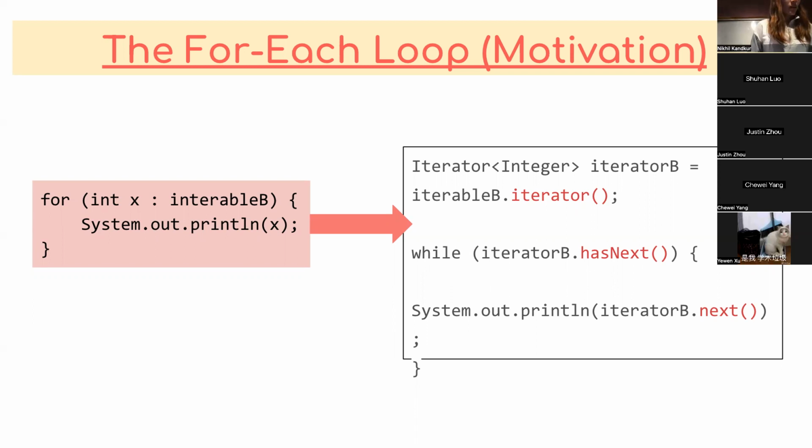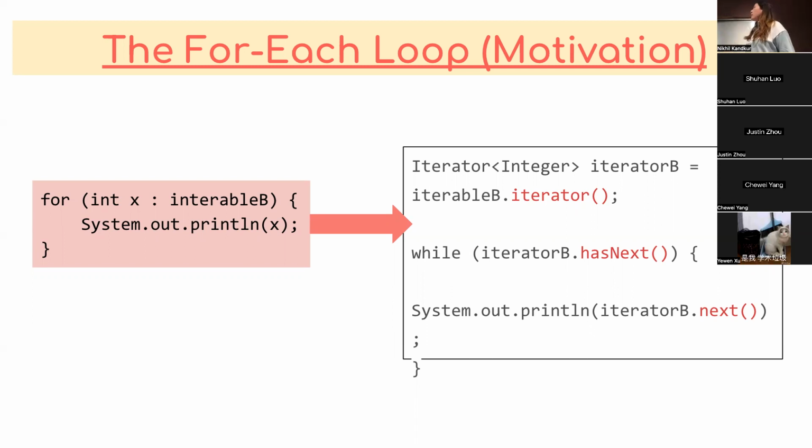Okay, and then what this transforms to, so what Java does behind the scenes without the abstraction barrier, you're going to create an iterator for the iterable. And then this iterator has two capacities. One is calling the has next method, and the other one is the next method. So now your for each loop is going to look like this.